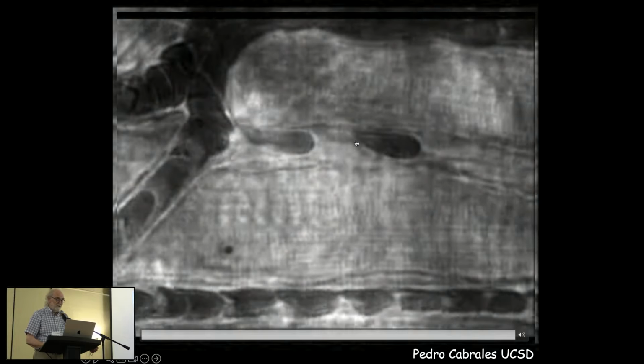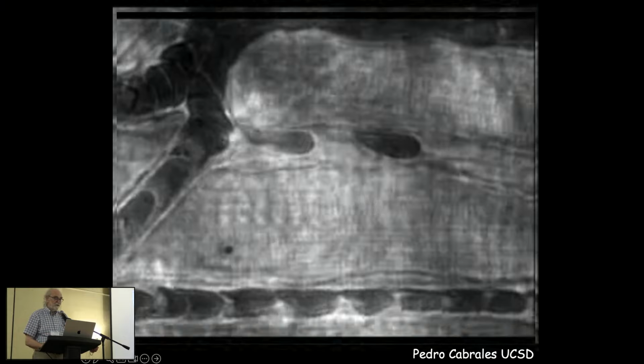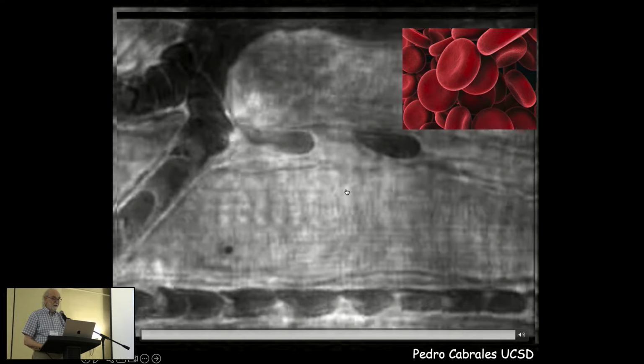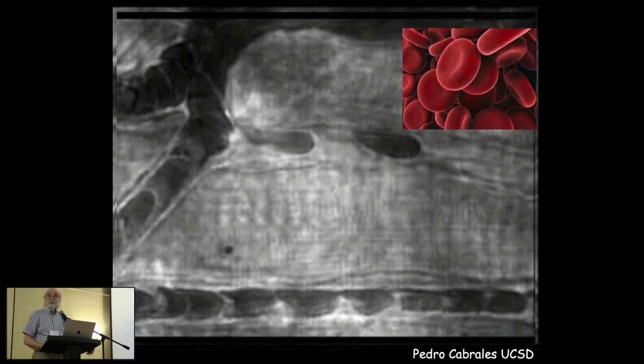You can see the problem here. So the red blood cells are supposed to look like this, but you can see that they definitely get squeezed. So he said there must be some other source of energy that's driving these red blood cells.